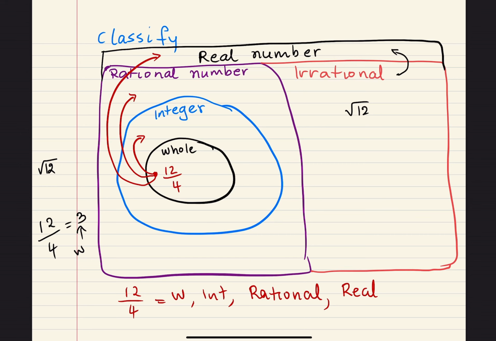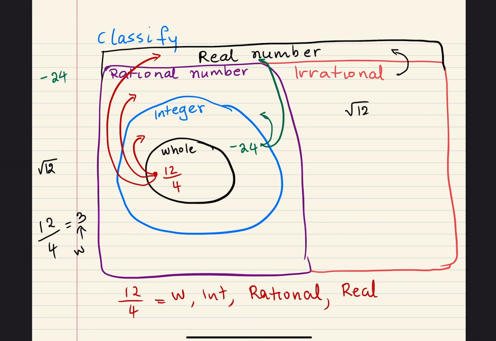Now for example, if I give you the number negative 24. Negative 24 belongs to integers. So negative 24 will be here. If it is an integer, then it is rational, then it is real.